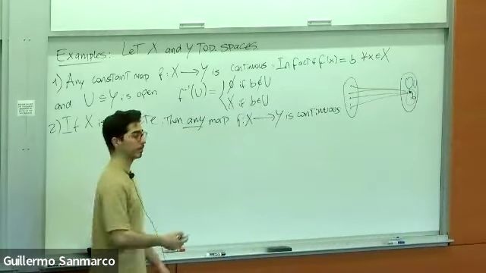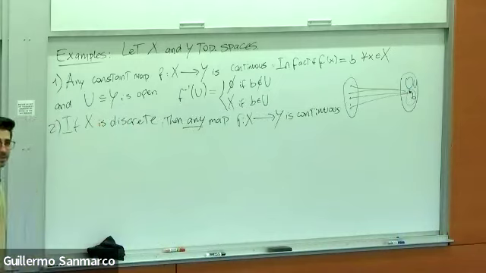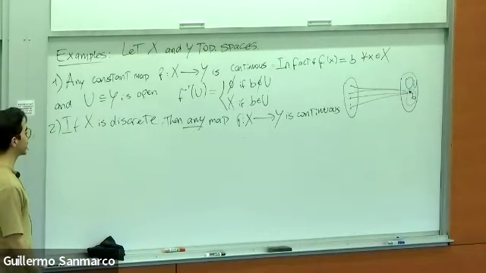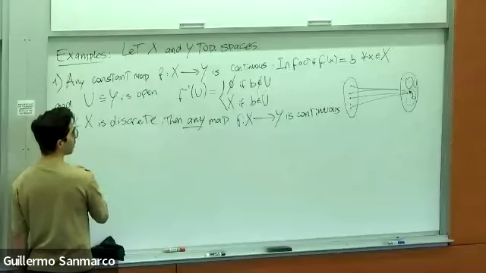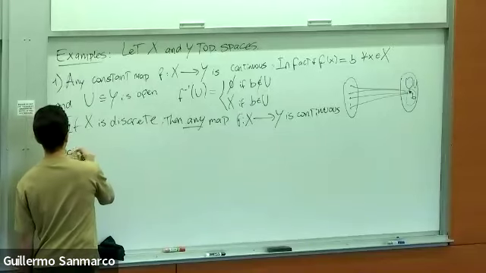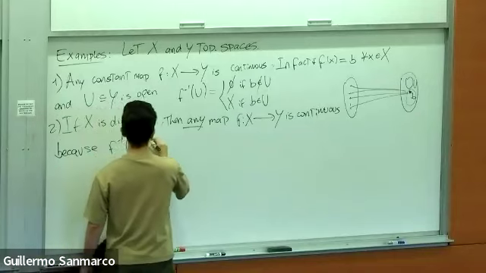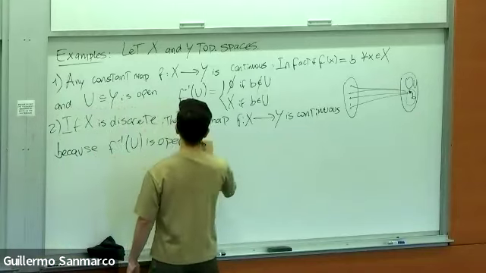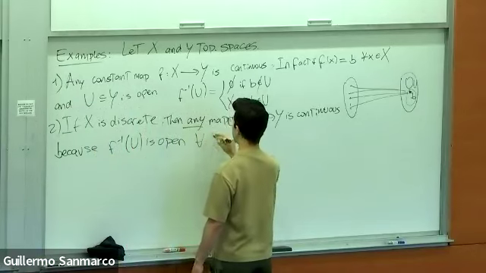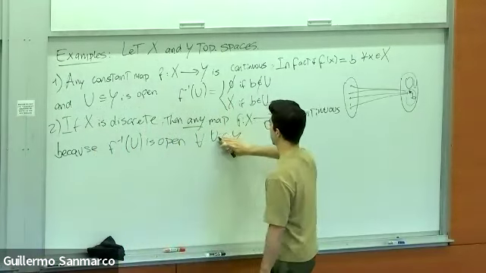So it's for free. That tells you this discrete topology doesn't have a lot going on. It's important that it exists, but it's pretty much always useless. So any map is continuous because F inverse of U is open for any U inside of Y, in particular for any open set inside of Y.